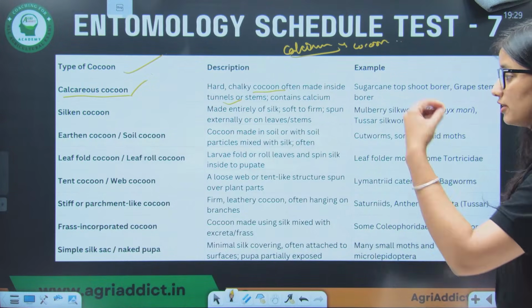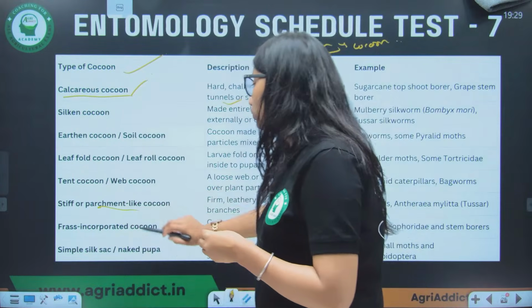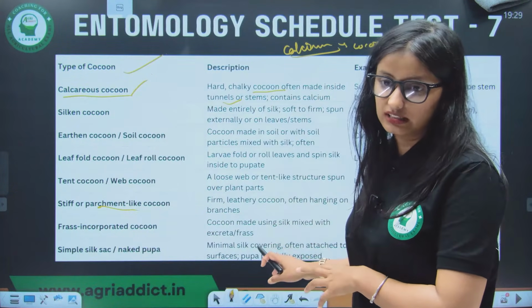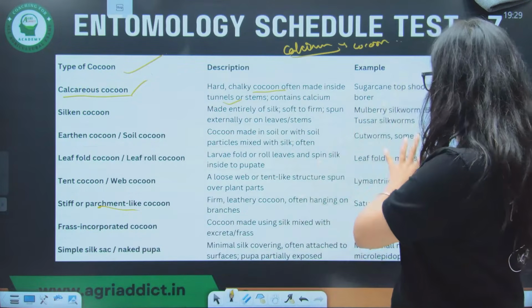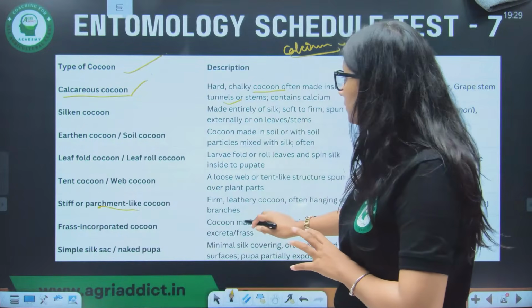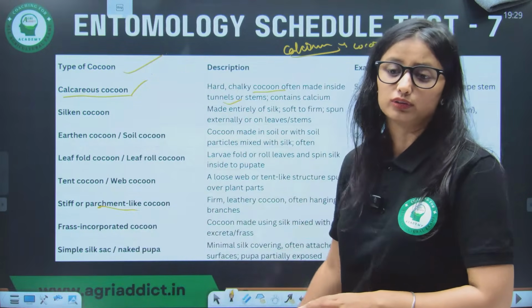What about tent cocoon? What is stiff or parchment-like cocoon? Okay, you will go through this after the class, which cocoon is which, their description and their example. I have simplified this for you just to make you understand the different types of cocoon. Is it clear now?